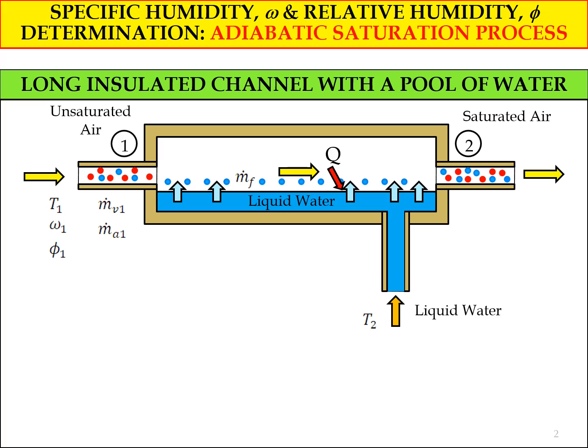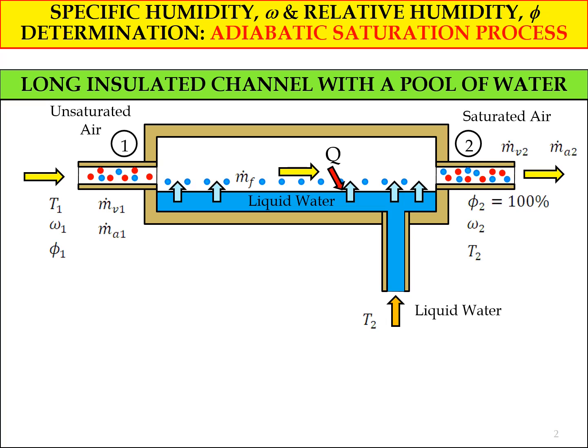So because the channel is long enough, in order to make sure that the condition at state number 2 at the outlet of the channel is saturated air, we can see the increase of water vapor mass at the outlet of the channel. So we consider this condition as saturated air.